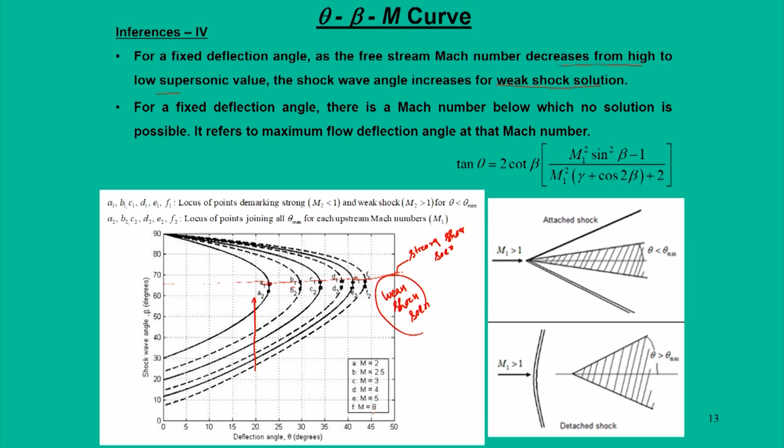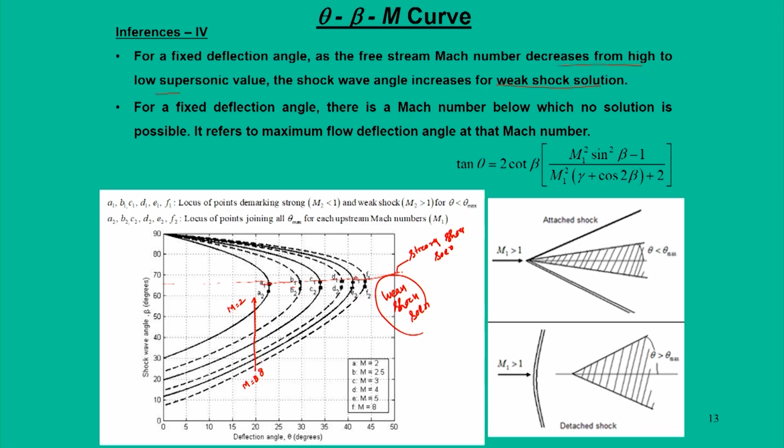In this case, Mach number drops from Mach 8, which is at this point, to Mach 2, and we are moving along the same flow deflection angle, but in the weak shock region. So, what happens? The shock wave angle increases.